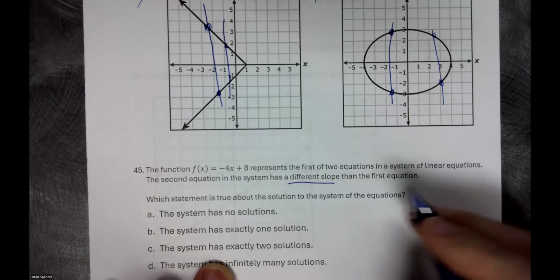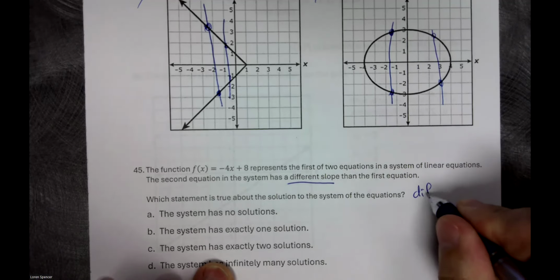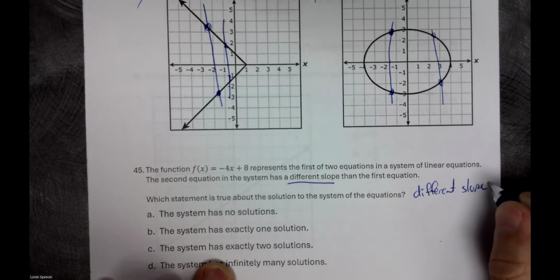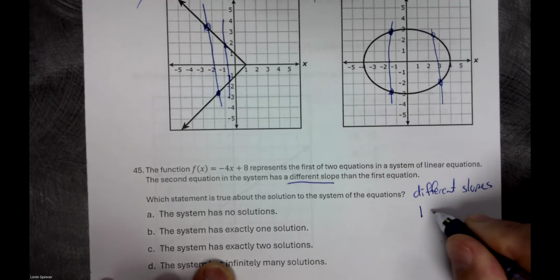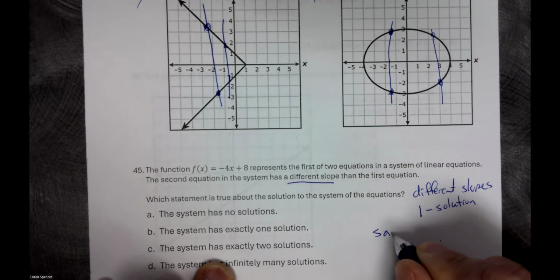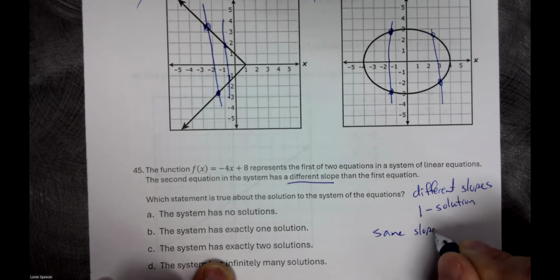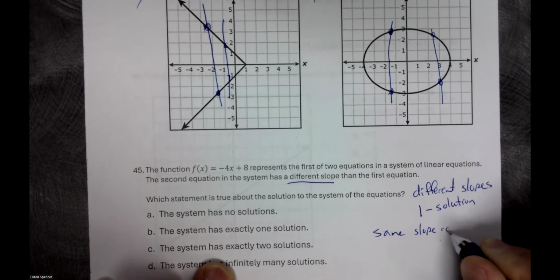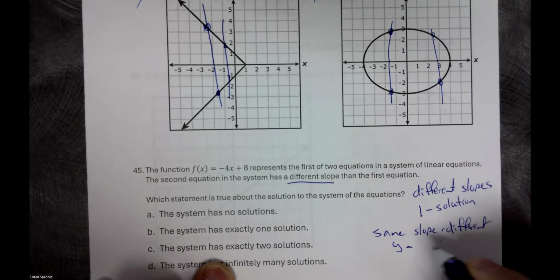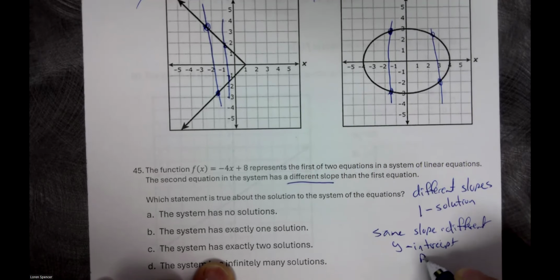If you have different slopes, that gives us one solution. Same slope, different y-intercept is parallel, which is no solution.